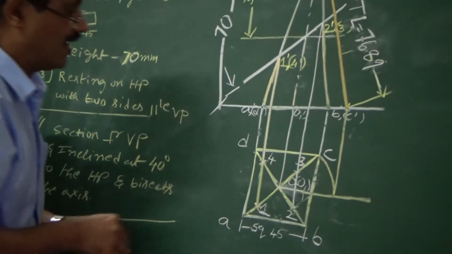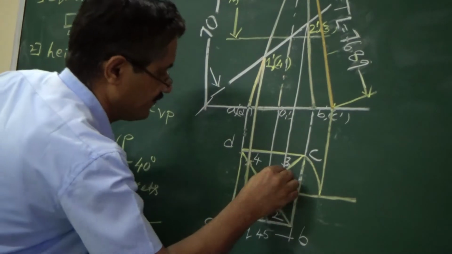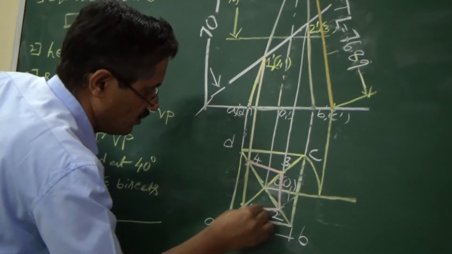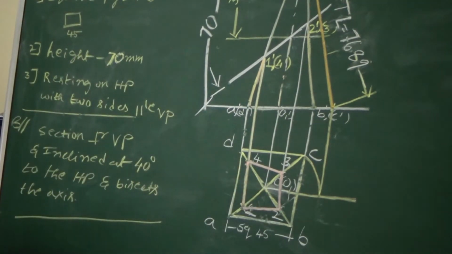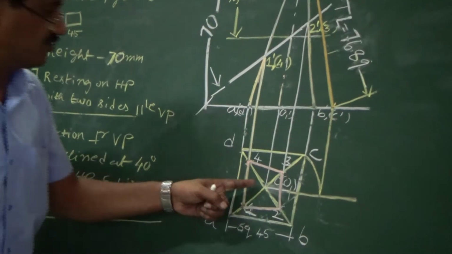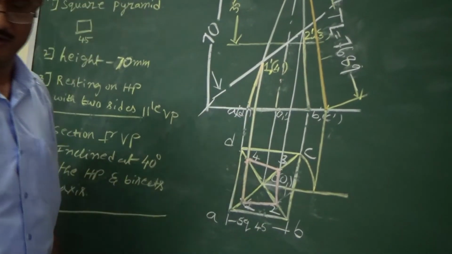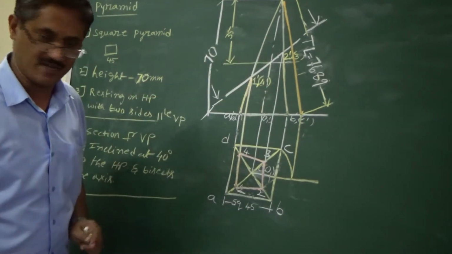So you need to connect this 1, 2, 3, 4 like this. This will be the connections that you have to represent in the top view also. So taking these section points to here, once you complete this, the total stage 1 is complete.